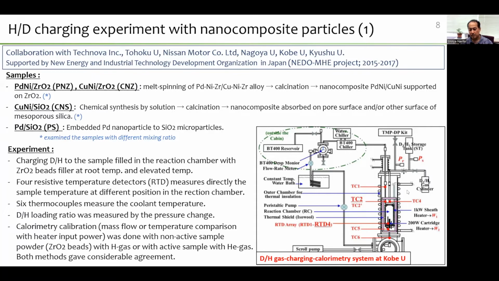So this is an experimental setup, and this is a cell in which the sample was put. And here are some experimental details.